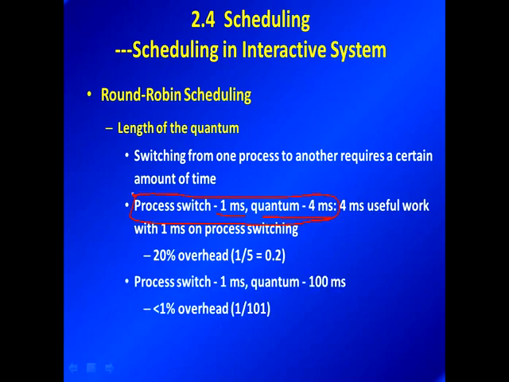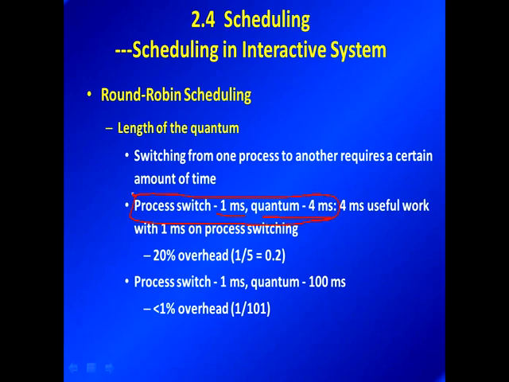But if we just set the quantum as a big number, say 100 milliseconds, that means every 101 milliseconds, you only waste 1 millisecond on the issues relevant to process switch.